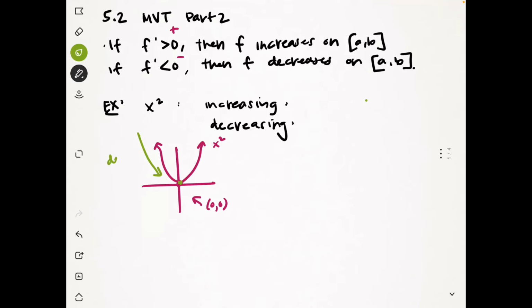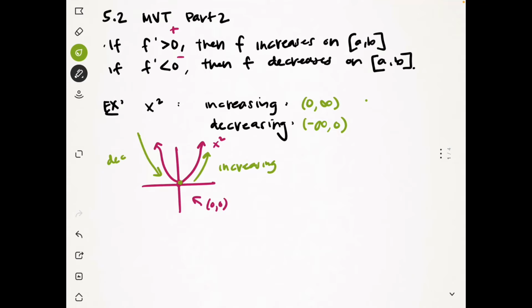And then on the other side of the vertex, it's constantly increasing. So it's increasing from 0 to infinity, and it's decreasing from negative infinity to 0.